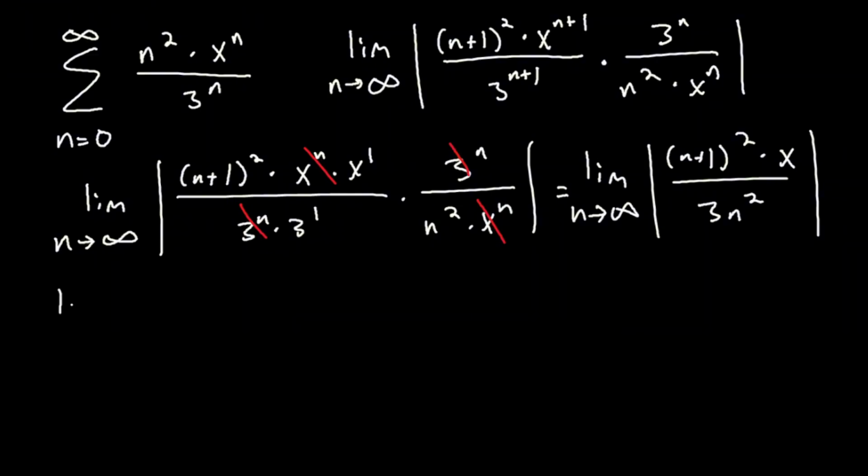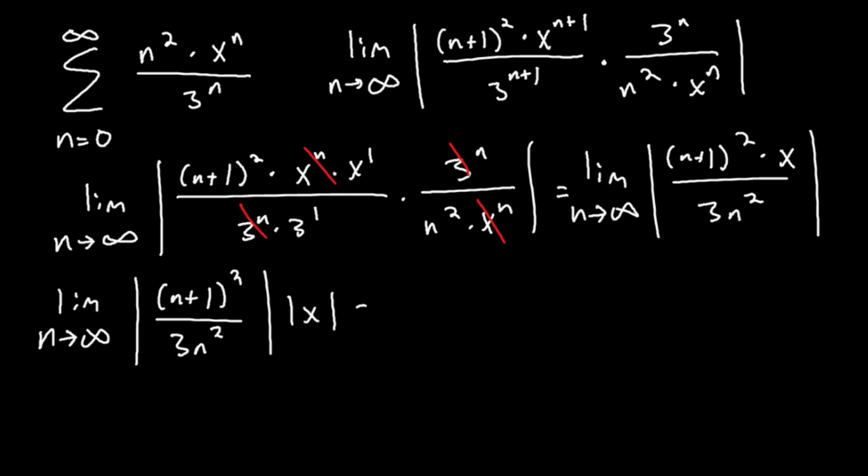Well, we can separate this limit again. We can separate the n terms and the x terms to get this. And remember, if you take a limit as n approaches infinity, you only care about the largest exponent values.